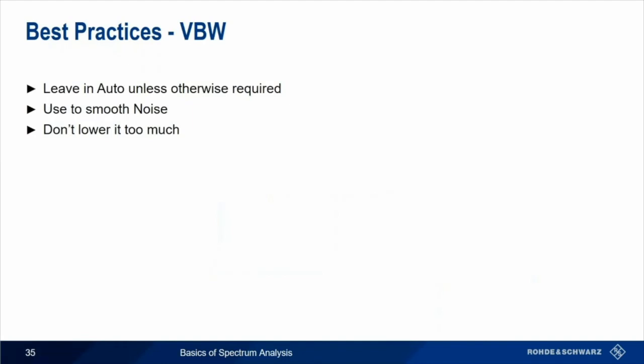Okay, so best practices for VBW. I would leave it in auto unless otherwise required. Use it to smooth out that noise, but don't lower it too much, because you'll end up slowing down the spectrum analyzer potentially to a speed that makes it unusable for the application that you're looking at.